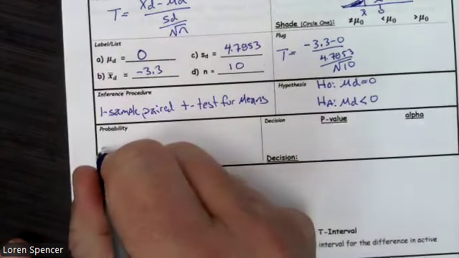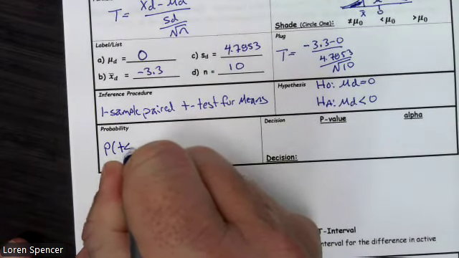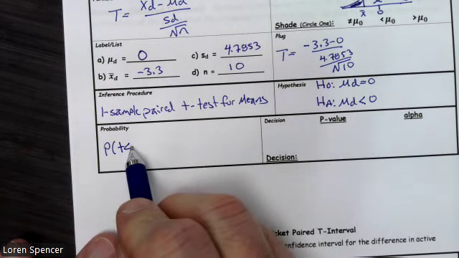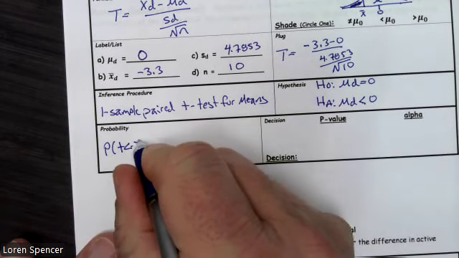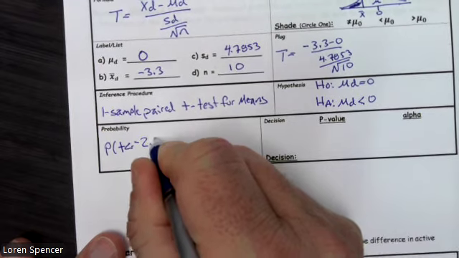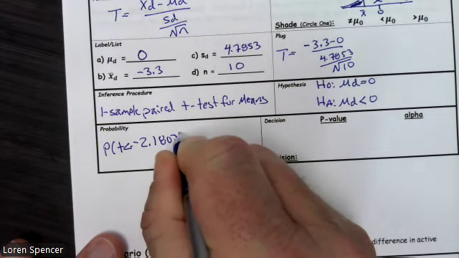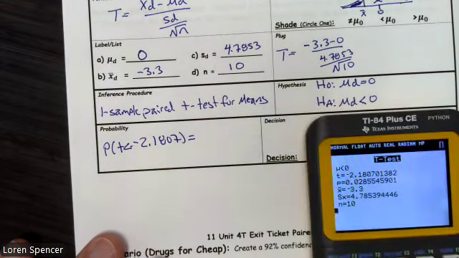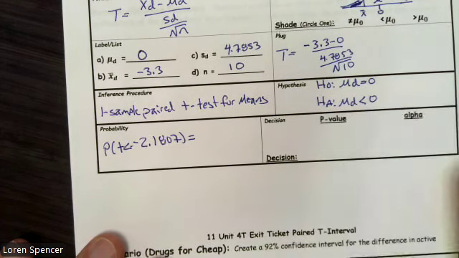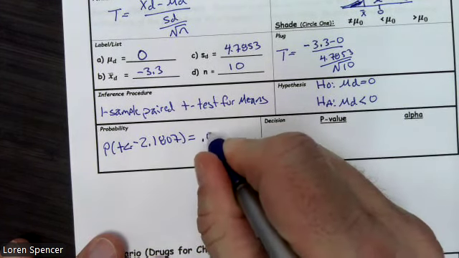So the probability that t, because this is a less than, is negative 2.1807 equals, we have 0.0285 as our probability.